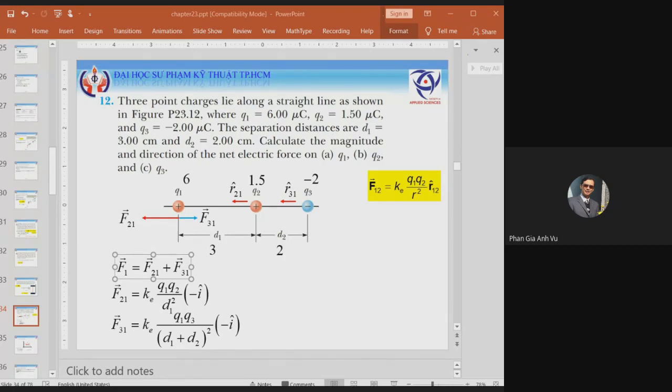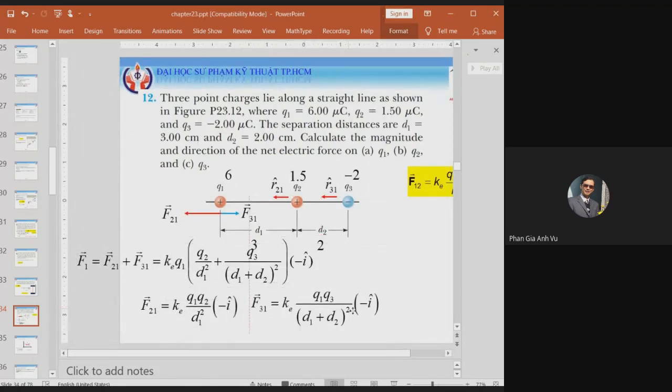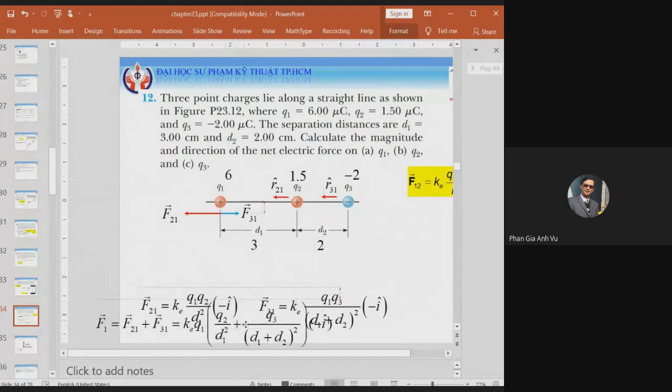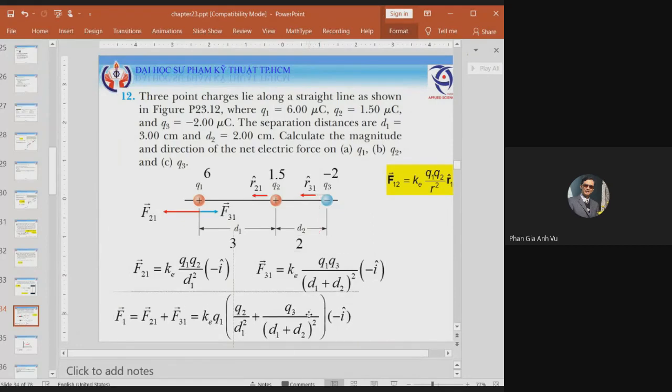Then I have Q2 over D1 square and Q3 over D1 plus D2 square. Okay, so I change the position of the formulas.